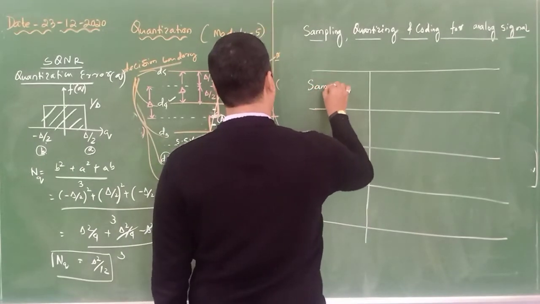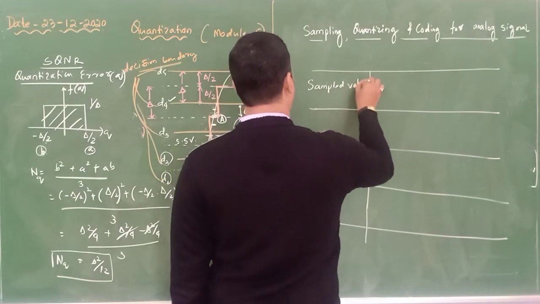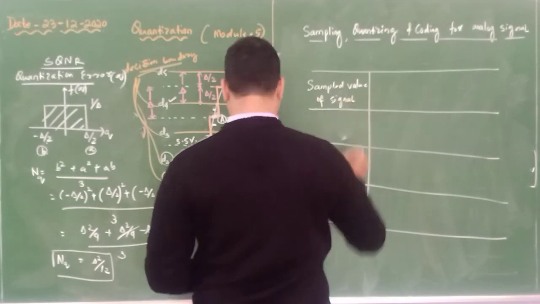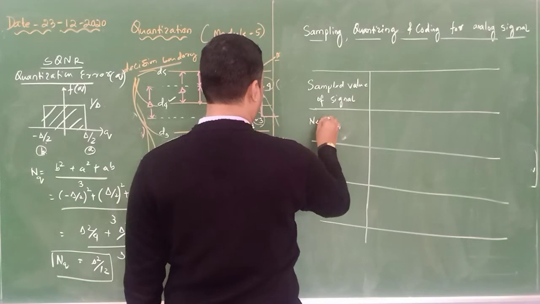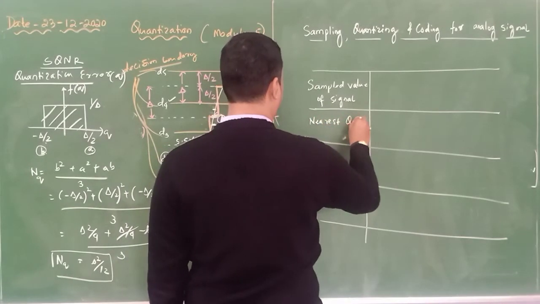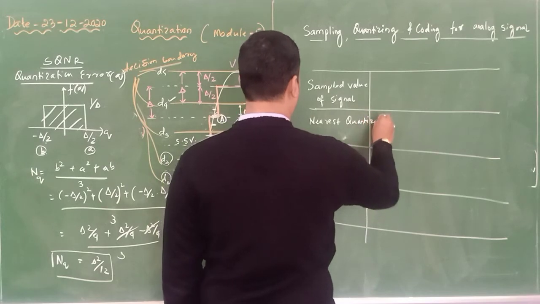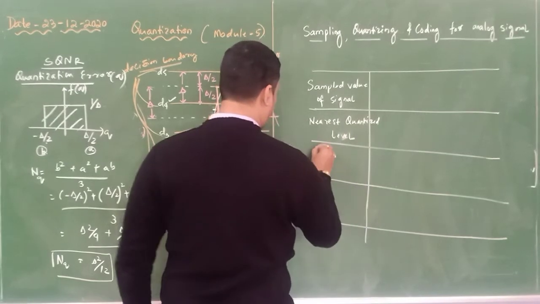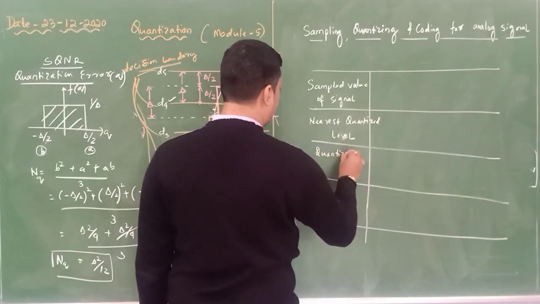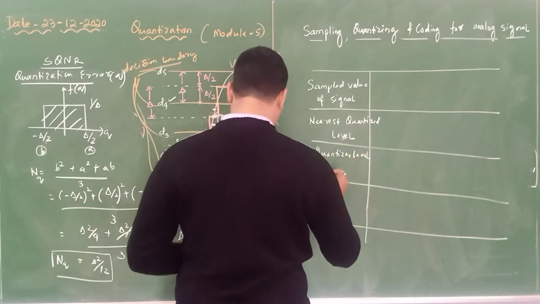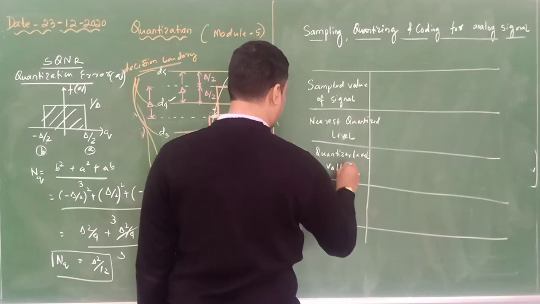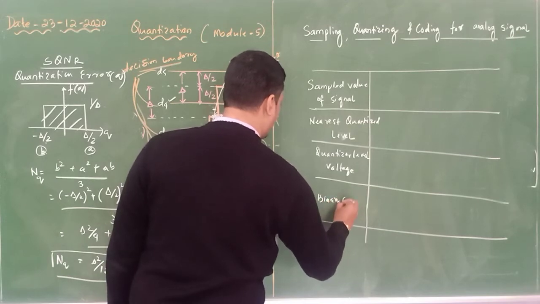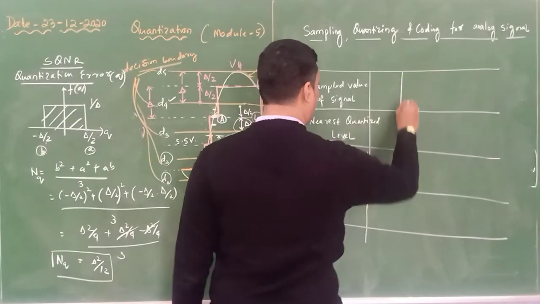This is the sample value of the signal, then the nearest quantized value, the nearest quantized level, then the quantizer level potential or voltage, you can say, and then the binary code.